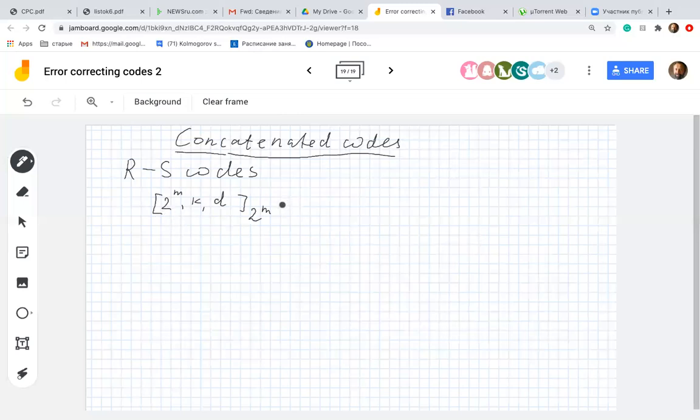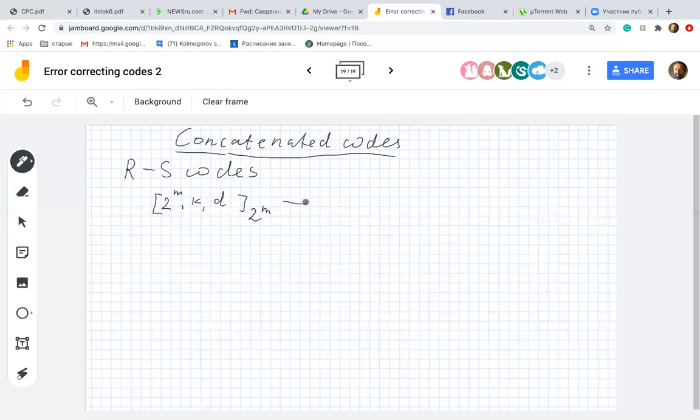Assume that we are looking for a binary code. Then we can think of each letter of this large alphabet as m bits. And we can just replace in each code word one letter by an m-bit sequence.